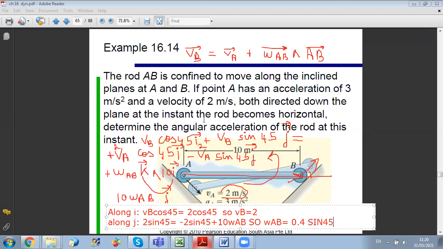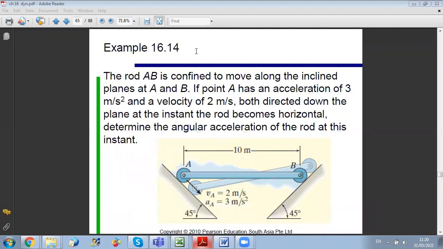Okay. Now, we will do together another method to find VB and omega AB, but now using the concept of instantaneous center. Sometimes this method will be easy, as in this example, because we know the direction of VA and we know the direction of VB.